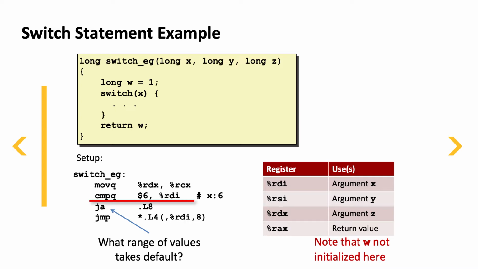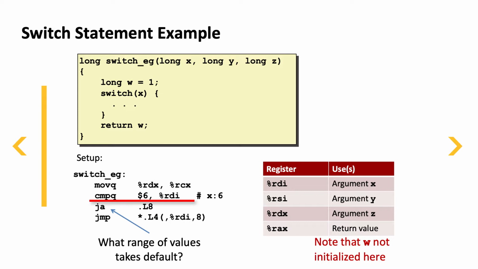We'll compare 6 with RDI. Now, why is that? Why are we using 6? Well, if we go back to our switch from a couple slides ago, we'll see that the highest number that we have a specific case for is 6. Right? That 6 kind of defines the range of our enumerated cases. So we'll do a comparison, and that's going to set those flags that we talked about right at the beginning of the video.